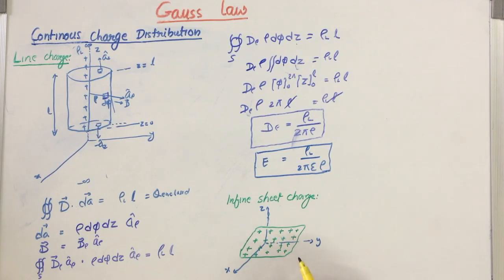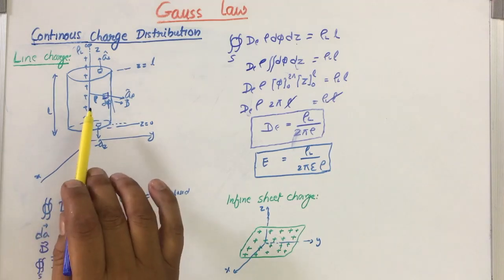Now we have to draw the Gaussian surface first to find the electric field according to Gauss law. So what type of Gaussian surface can be here? In the point charge, we obtained that the spherical Gaussian surface was possible. At every point of the sphere, the electric field was symmetrical due to the constant radius.